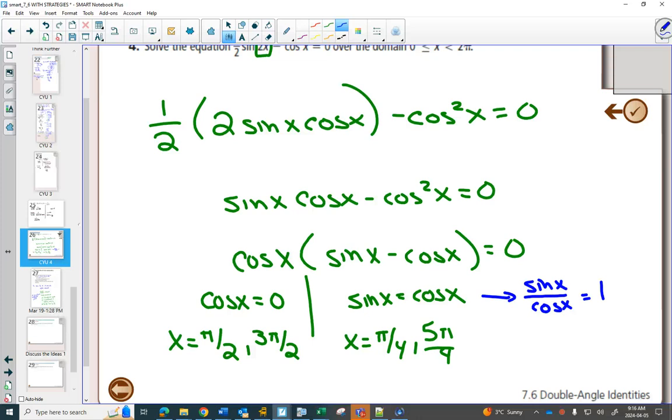If I divide both sides by cos, sine x over cos x is tan x, and that's on your pi plate. When is tan x equal to 1? At pi over 4 and 5 pi over 4 as well. So there are 2 different ways of getting pi over 4 and 5 pi over 4: one, just by observation from your pi plate, but you could also change this to tan and solve it that way.